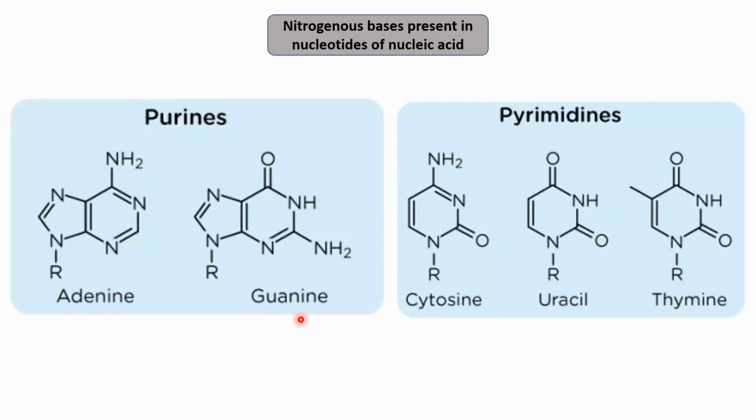All the nitrogenous bases present in DNA or RNA come under the category of purine or pyrimidine. We will later see that a purine will form a bond with a pyrimidine in the DNA molecules, which are double-stranded molecules.